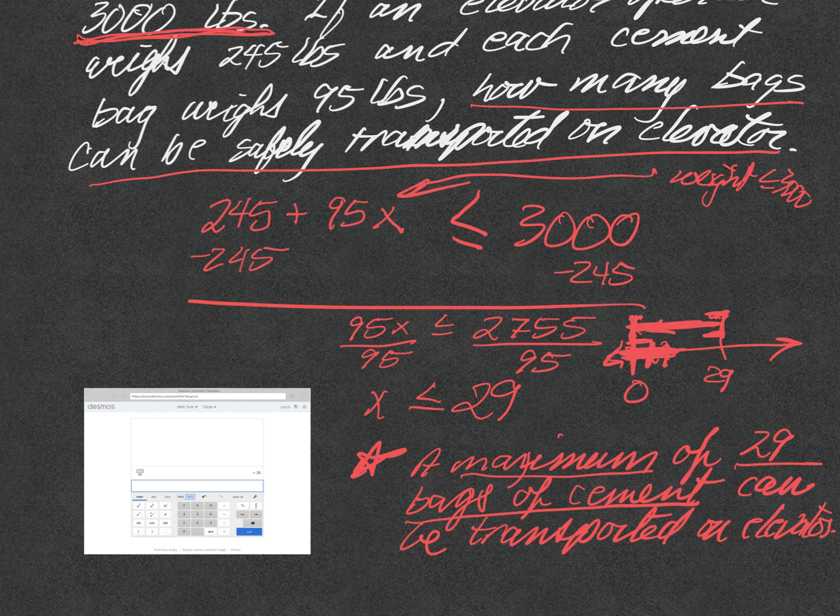So this is a closed interval, so you can go from 0 to 29 bags. And that's what's different about a practical problem. It's less than 29, but a negative bag of cement is not a real object. So actually putting this on a number line or in interval notation gives you a bit more insight into how you would write the mathematics for this problem.